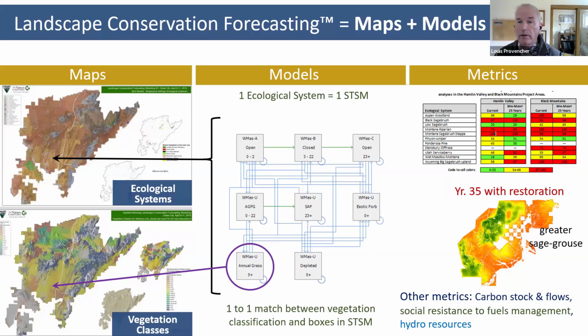With these what-if scenarios, you get results, and from these results you calculate metrics. What you have there is vegetation departure, where green is good, yellow is intermediate, and red is bad. We took focal systems. We had several systems in this landscape, and the partners we work with at the BLM picked a few of those that they wanted management on. We took the current condition from our own remote sensing and measured the departure.